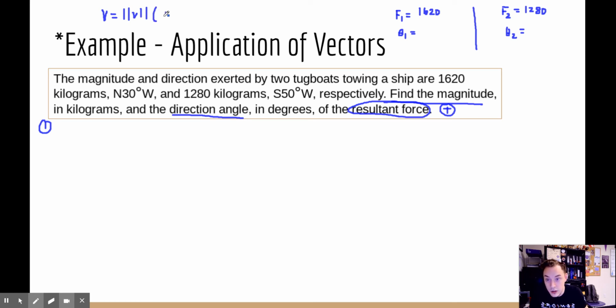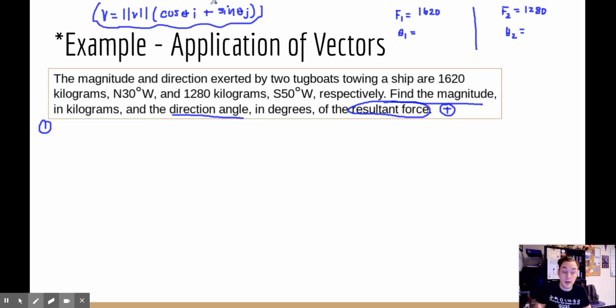I have cosine of theta i, and then plus sine of theta j. This is my basic formula that I'm going to be utilizing over and over again. I need to use this formula in order to translate my problem into vector form.